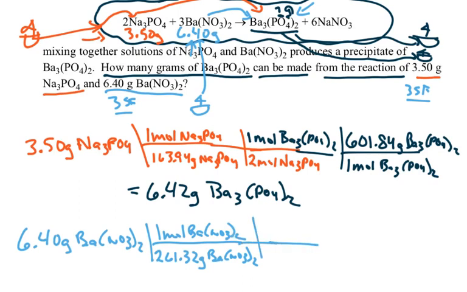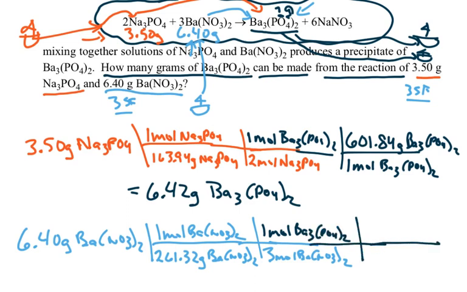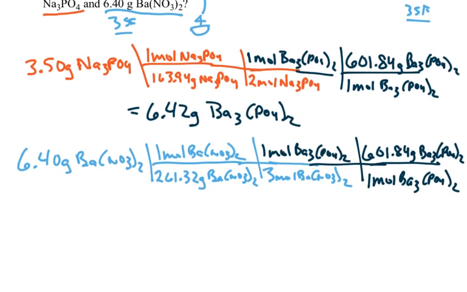Okay, again, from our reaction up above, for every 3 moles of barium nitrate, we have 1 mole of barium phosphate, Ba3PO4, 2. And then for every 1 mole of that stuff, we have 601.84 grams. Okay, so that equals 4.91 grams.